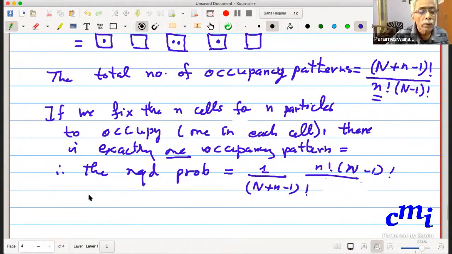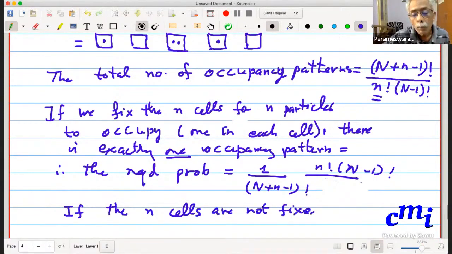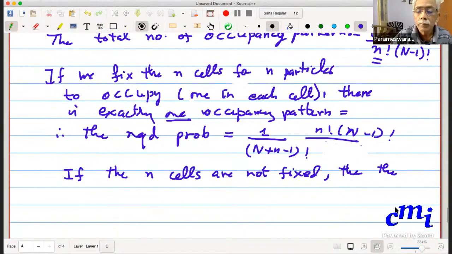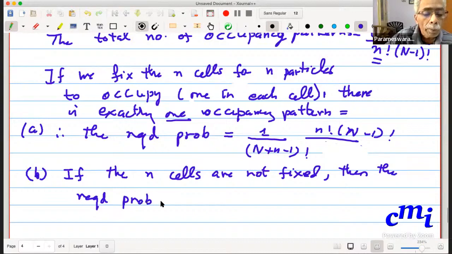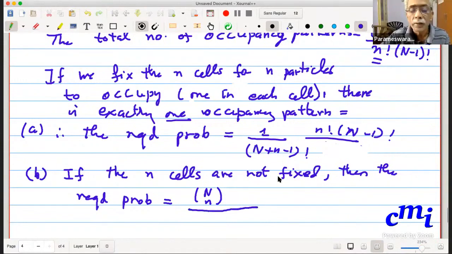For the next one, if the n cells are not fixed, then the required probability is, this is for A and this is B. Probability equals, exactly as before, n choose n, and then divided by the total number of possibilities.